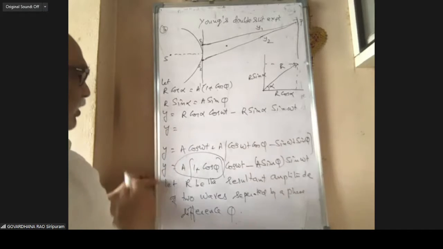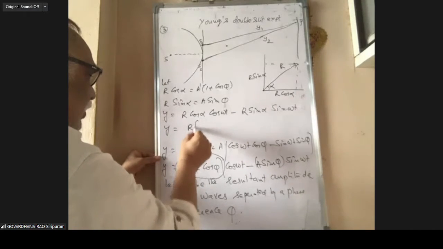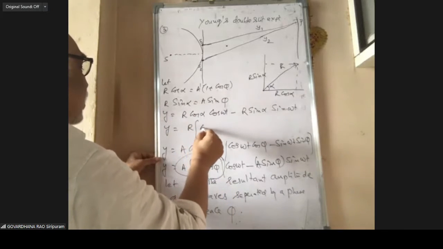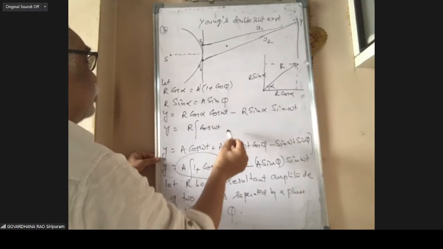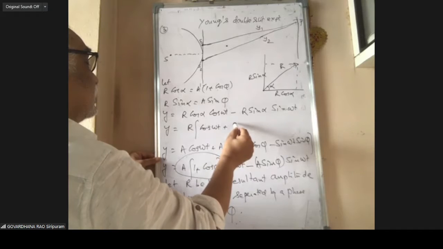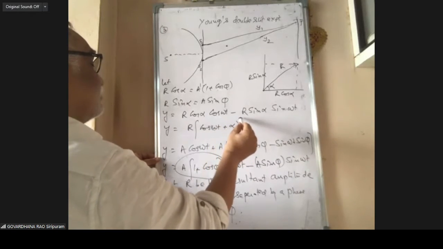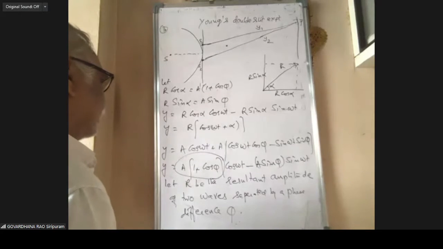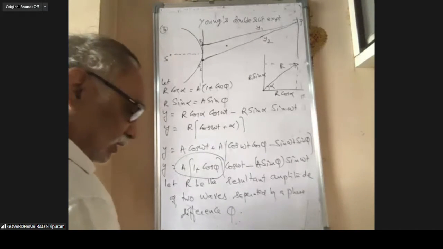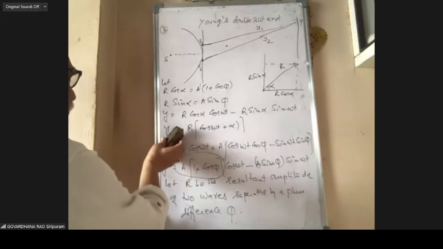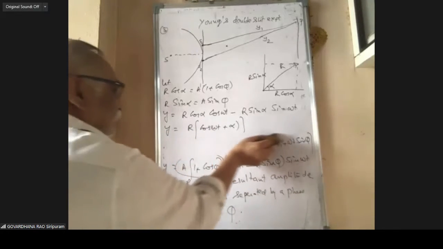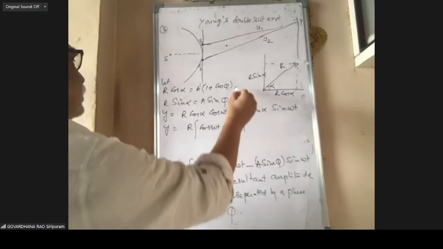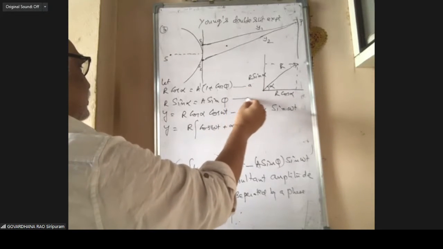So Y equals R common, cos A cos B minus sin A sin B, cos omega t plus alpha. Okay.